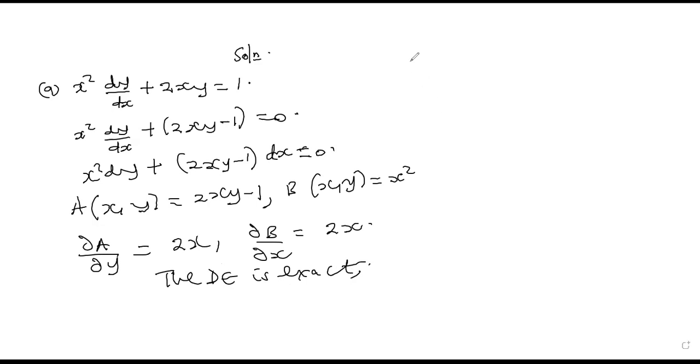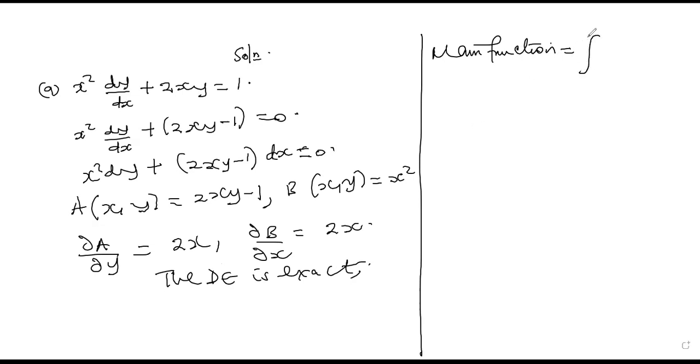Now, being exact, we can get the main function. We said that the main function is equal to the integral of b with respect to y, so it will be the integral of x squared dy.